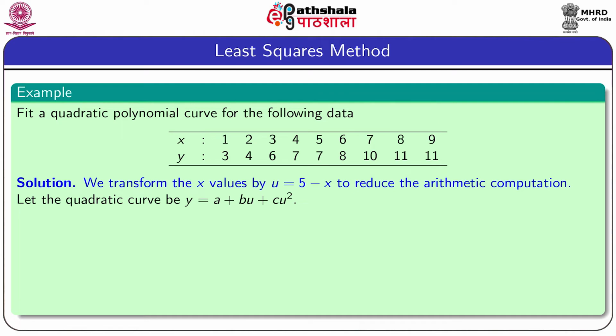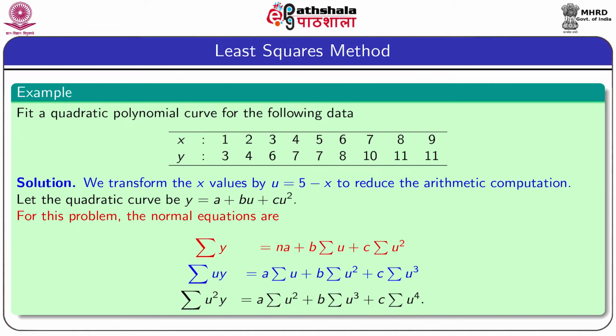Now let us consider an example to illustrate quadratic curve fitting. The problem is to fit a quadratic polynomial curve for the following data set. For simplicity, or to reduce the arithmetic computation, we transform the x values by the formula u = 5 − x. And let the quadratic curve be y = a + bu + cu², where u = 5 − x.